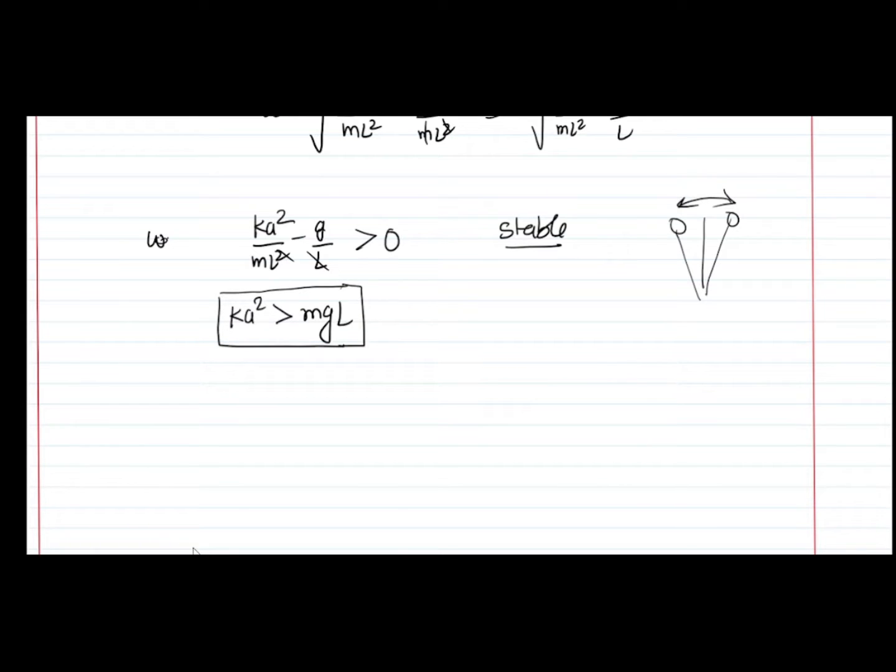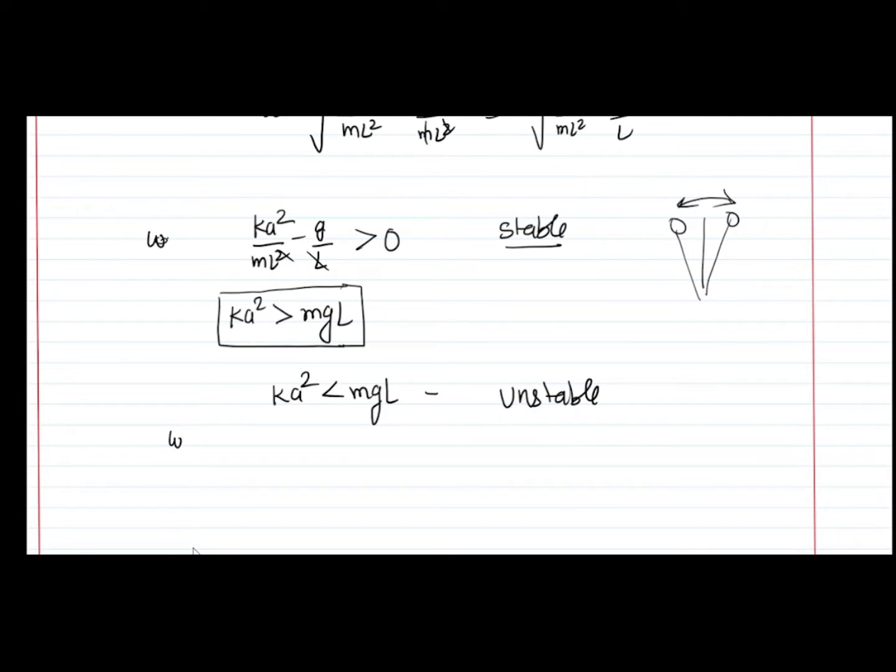Suppose this expression is less than 0, the system will become unstable, and in case of instability, what will happen? I'll show you what happens physically, but first let me write the expression for the instability. So if k a square is less than mgl, your omega term will not be a real number, it will become an imaginary number, and it is actually indicating that the system will become unstable.